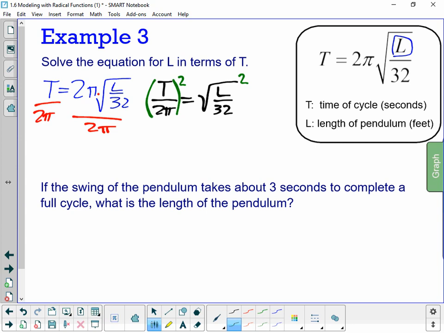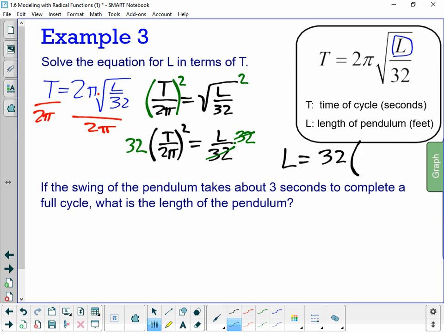And, you know, you could square each of those things individually, but I usually just leave it in that form. And now we have it equal to L divided by 32. And as we're working towards getting L by itself, we just have one last step, and that is to multiply by 32. So we have L is equal to 32 times T over 2 pi raised to the second power.